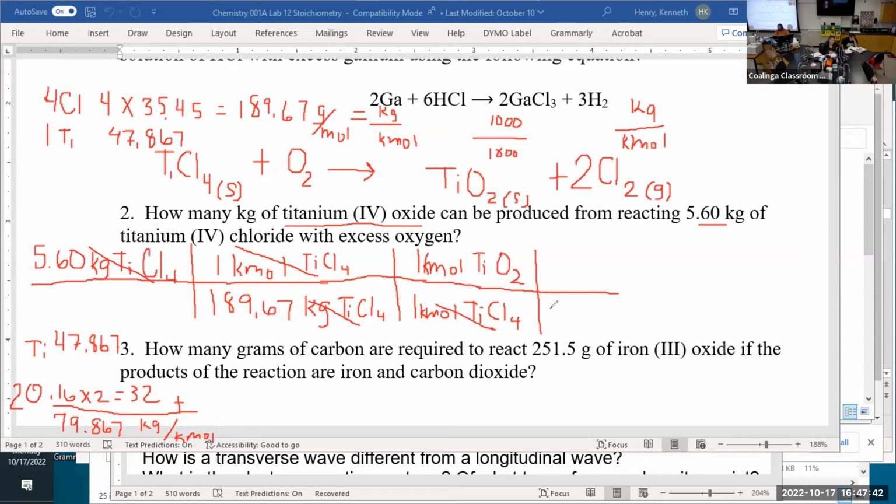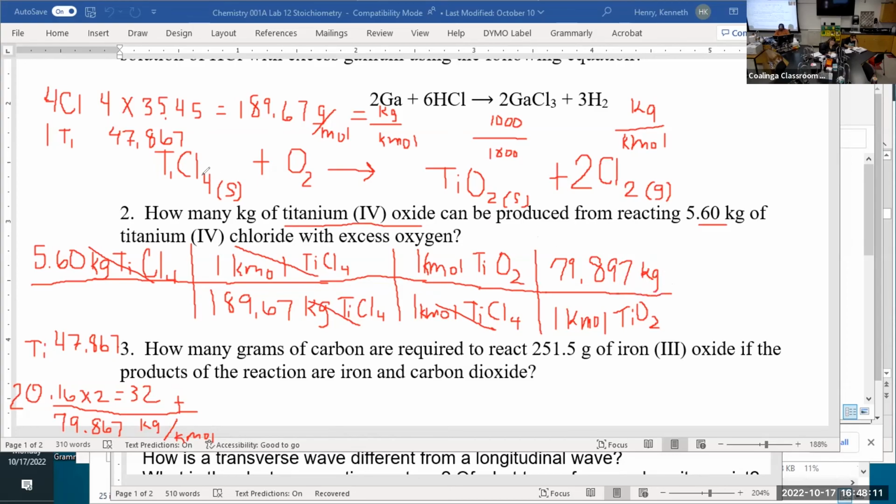So then we plug that in. We want moles on the bottom, so 1 kilomole of titanium oxide on the bottom, and 79.867 kilograms. Is it 867?